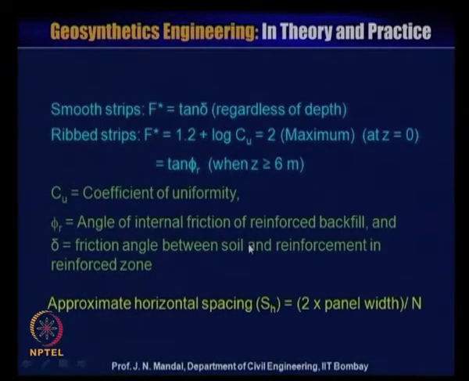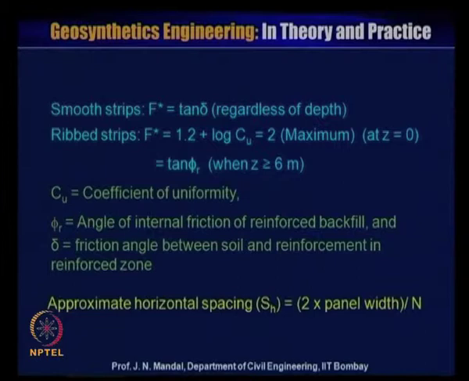Now, if it is a smooth strip, this F star will be equal to tan delta, regardless of the depth. Delta is the friction angle between the soil and the reinforcement in the reinforced zone.